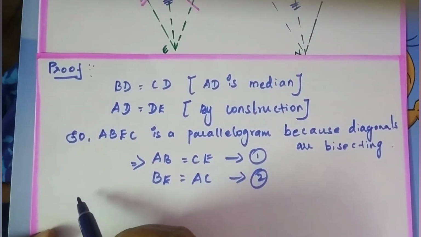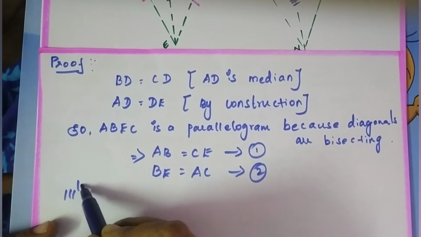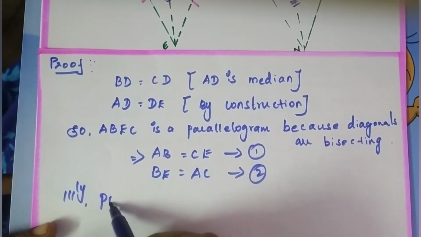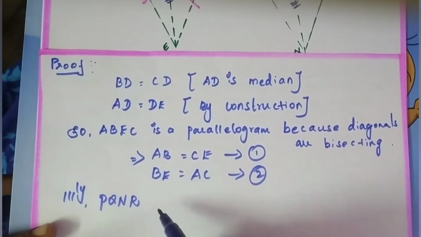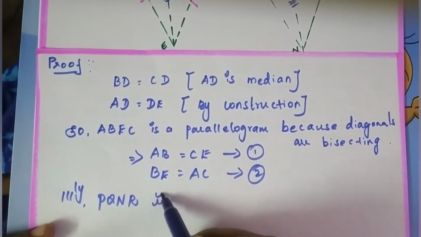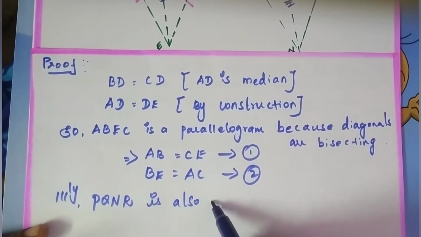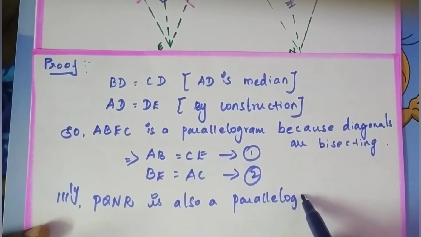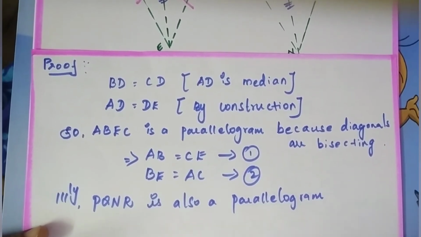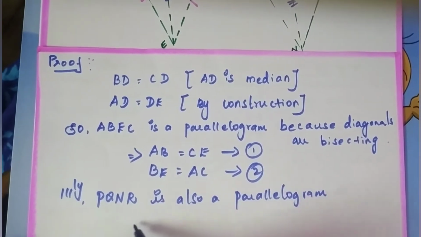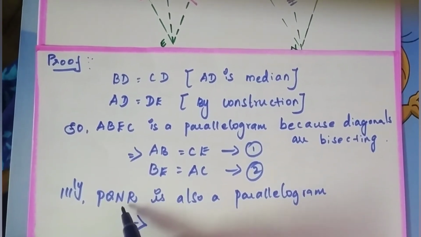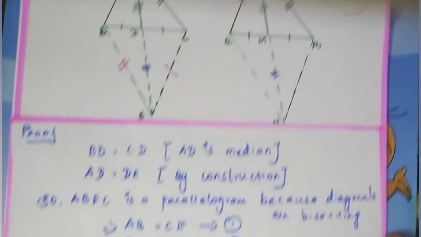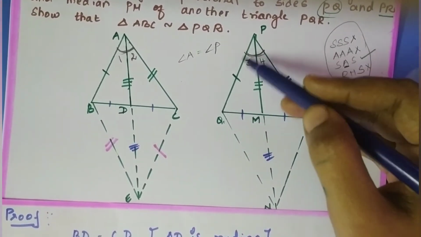Similarly, PQNR is also a parallelogram. Clear? Since this is a parallelogram, we can tell that the opposite sides are equal.